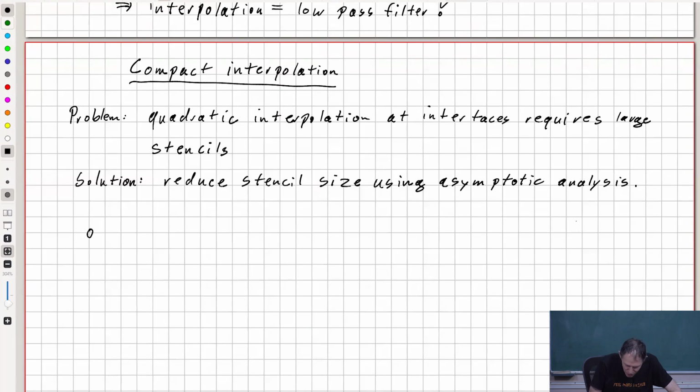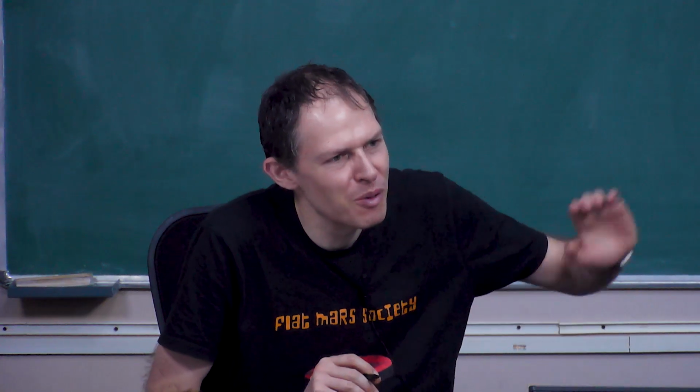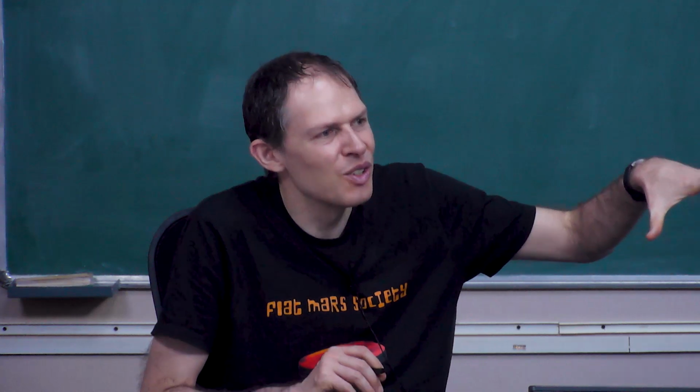We now talk about interpolation cells again. In this type of compact interpolation, we also use cells. Now, there's something very important to keep in mind, that we understand cells completely differently from how the volumetric method interprets cells.